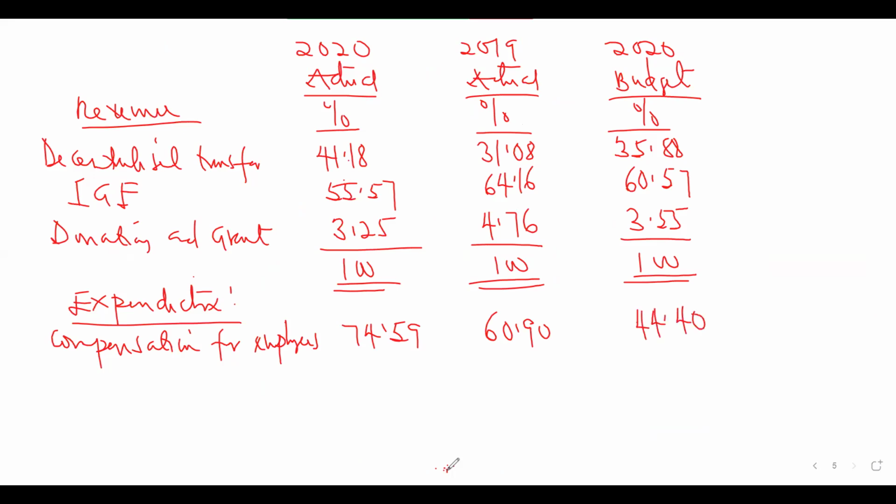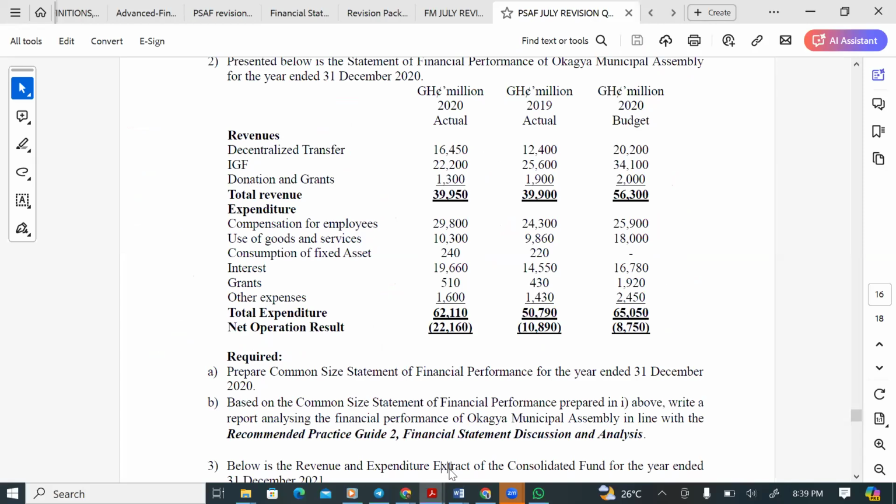Oh, it's 46. 46.00. Okay, 46.00. So goods and services. What are we having? 25.78%.